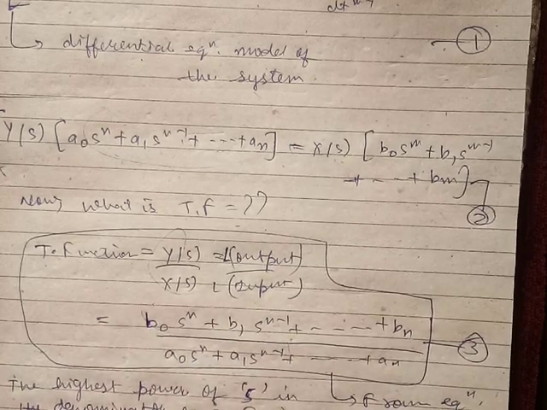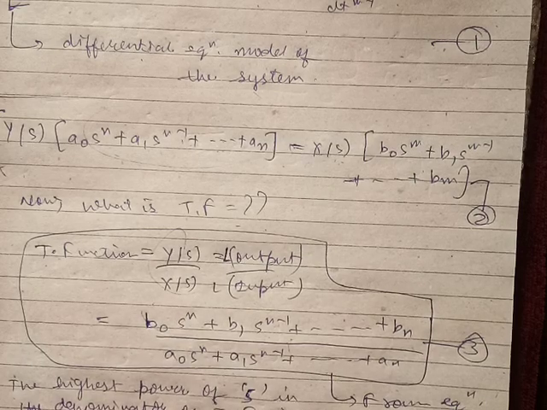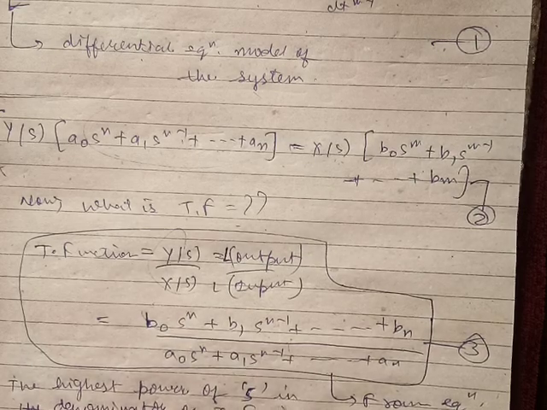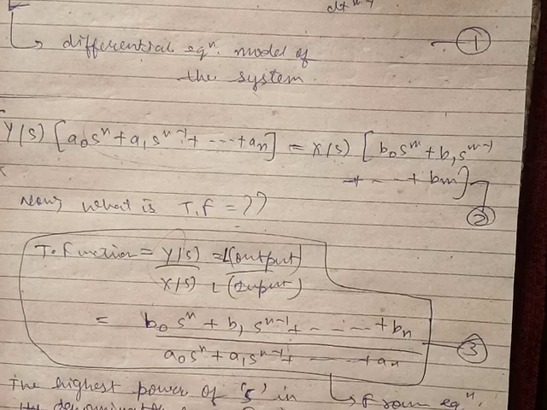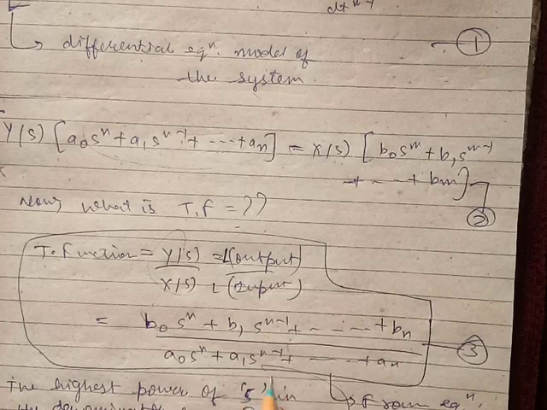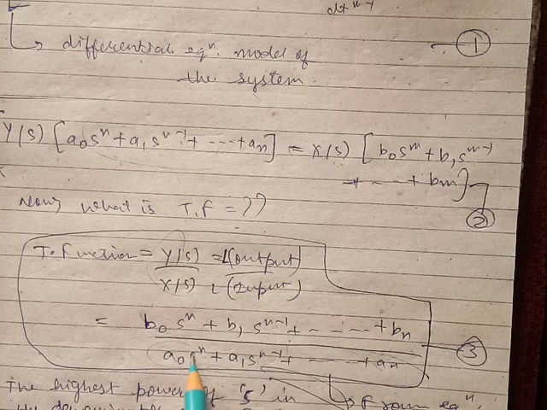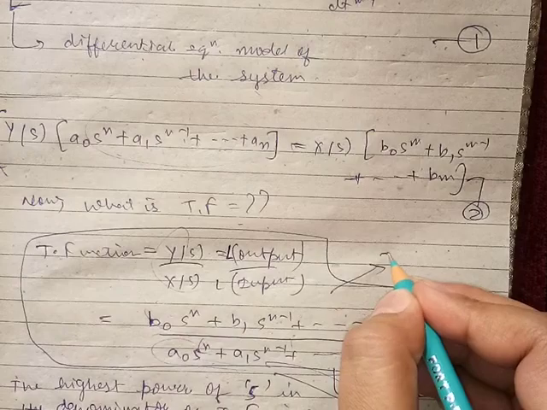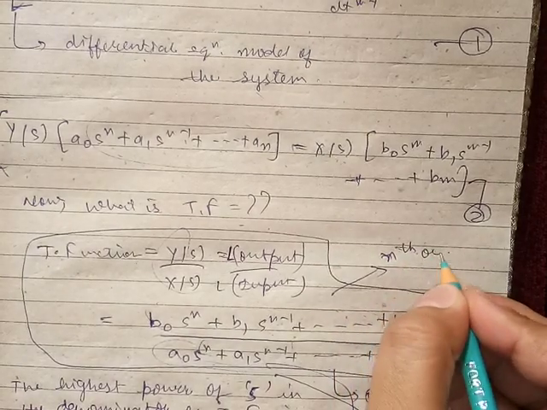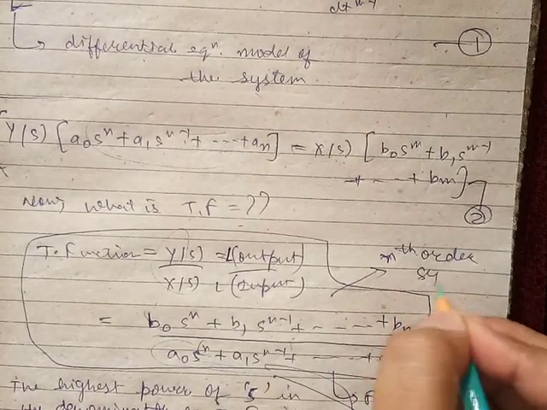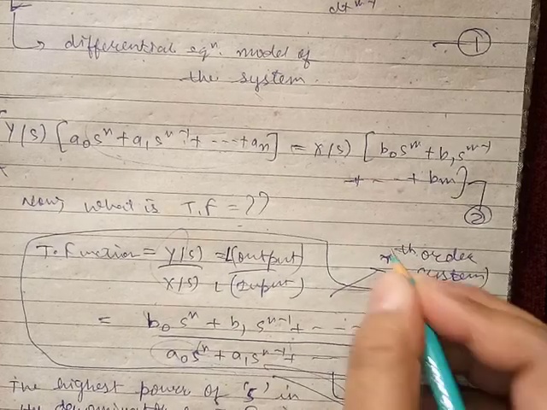That is an nth order system. Here, what is the highest power of s in the denominator? It is s raised to power n. So this is an nth order system. I hope this is clear.